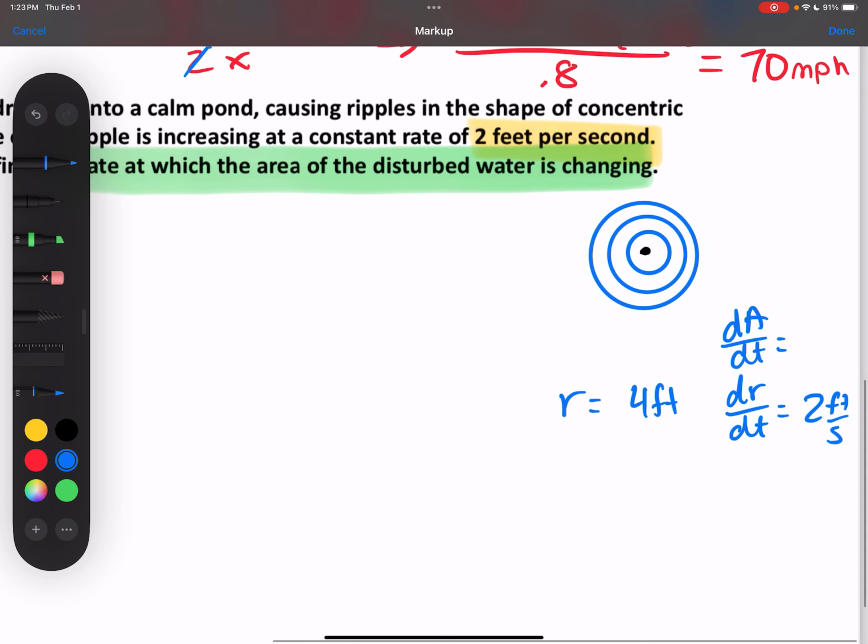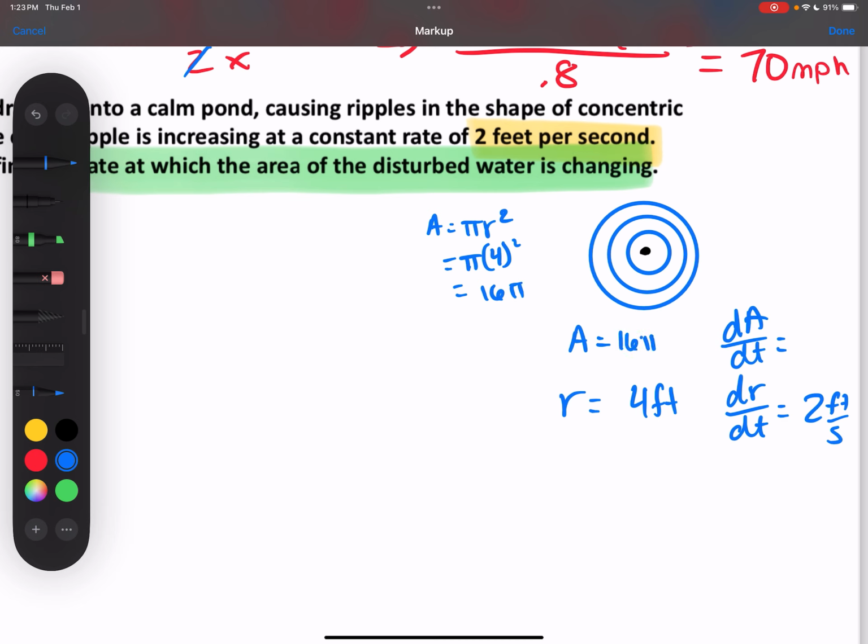Okay, so area, even though it's not listed, that might be something I need, maybe not. How would I find the area of a circle? Area is pi r squared. I said it right this time. So it would be pi times the radius is 4, so 4 squared. So the area would be 16 pi.